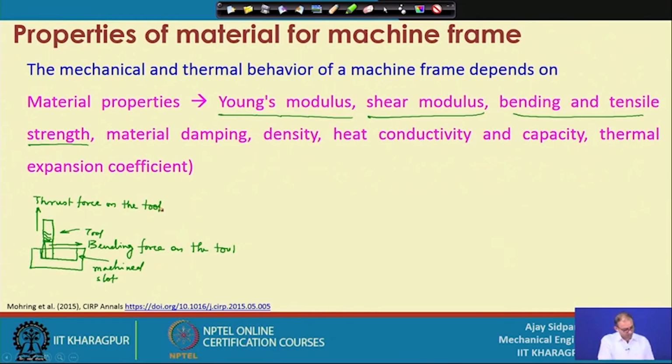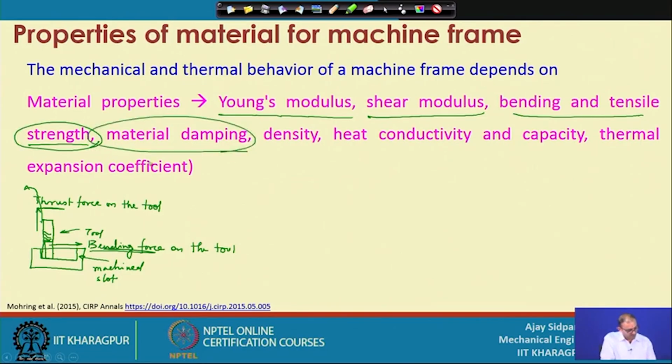So, you also have to take care of how stiff your structure is, because when your assembly is completely fixed, that means it is more stiff, then whatever the thrust force or the bending force, that will be propagated inside the structure. And so, your material selection should be such that it should have high bending and tensile strength.